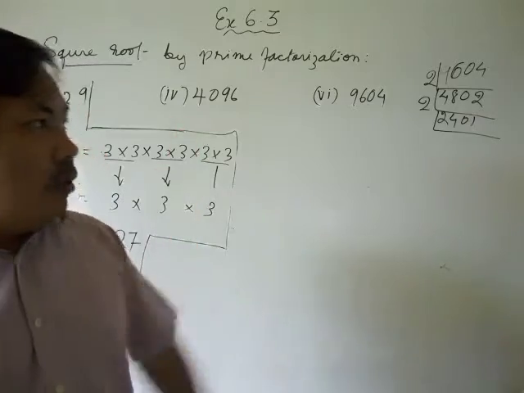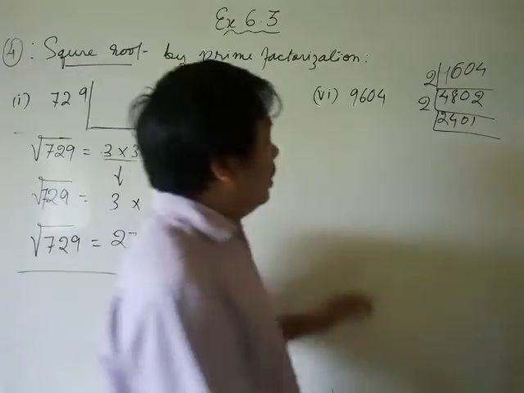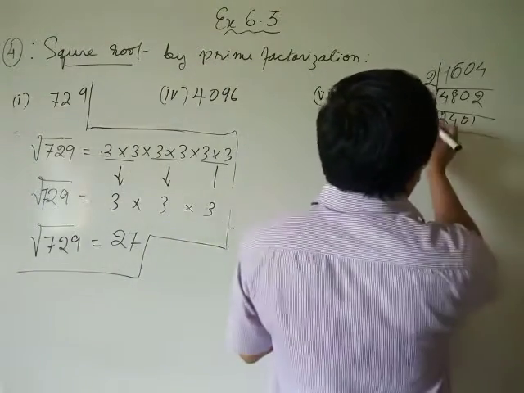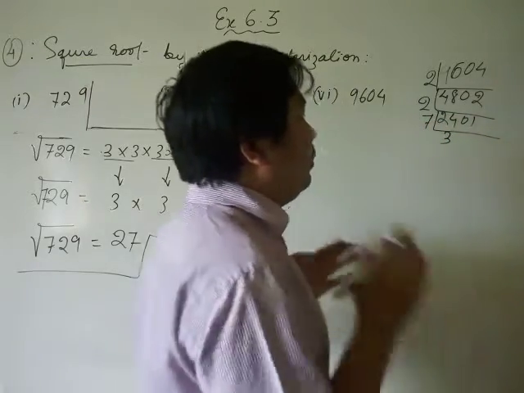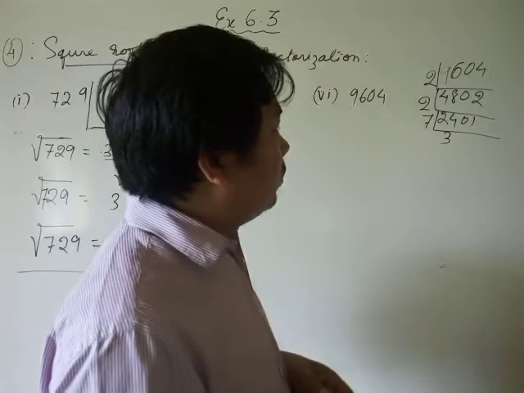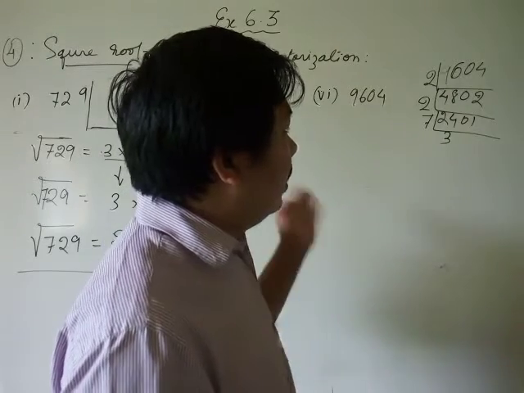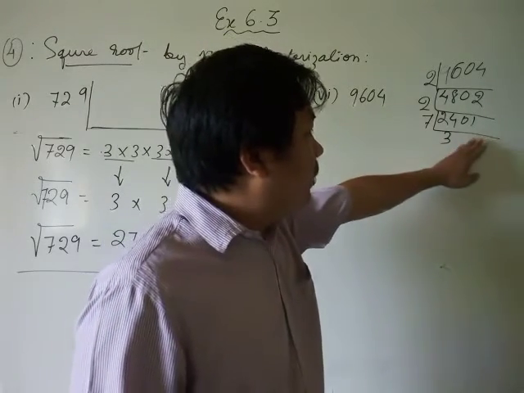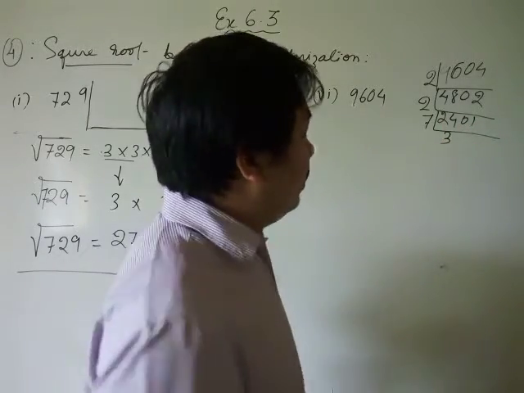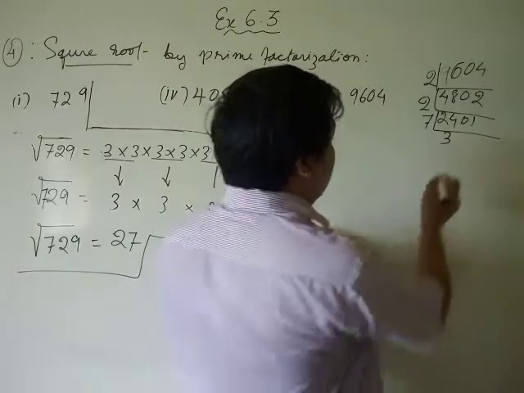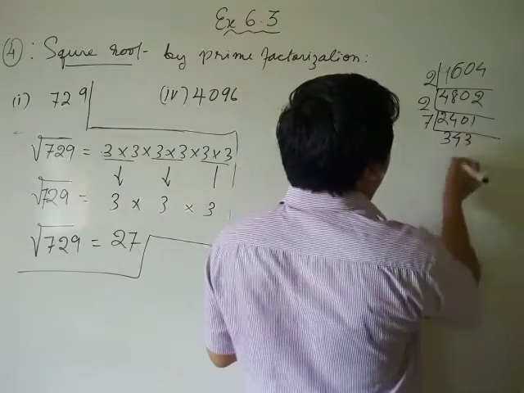Now, let's go for 7. If you divide by 7, let's see how much we get. 7 3s are 21. If 7 3s are 21, then the 3 will be brought down with the 0 and it becomes 30. 7 4s are 28 and 7 3s are 21.